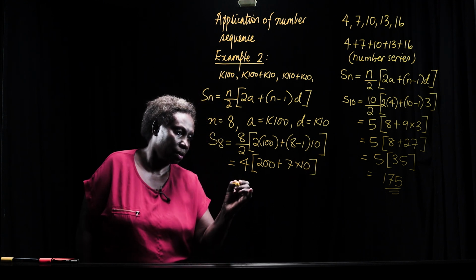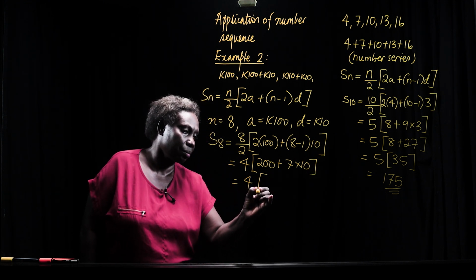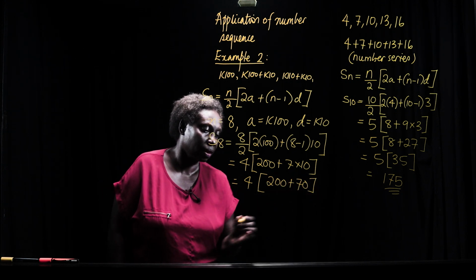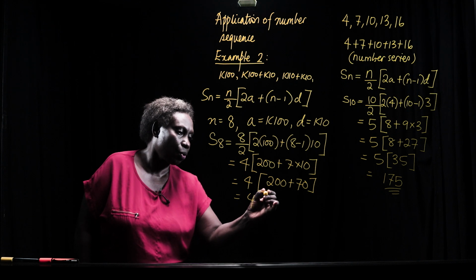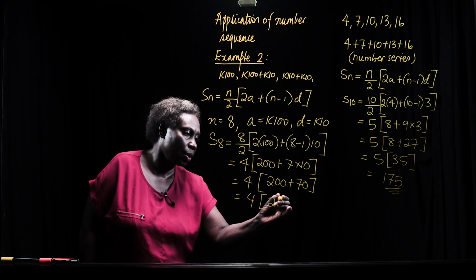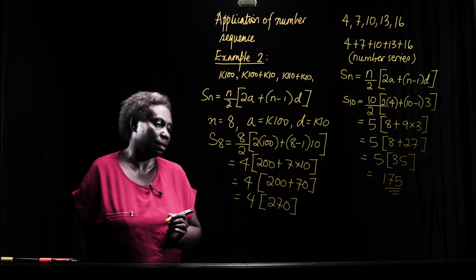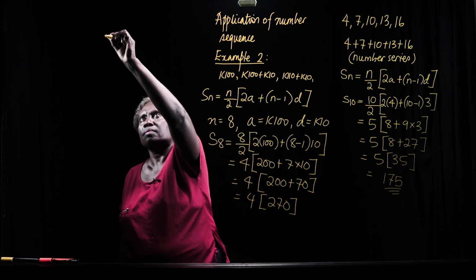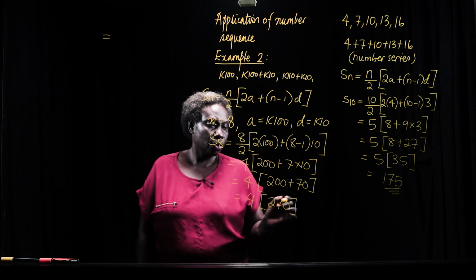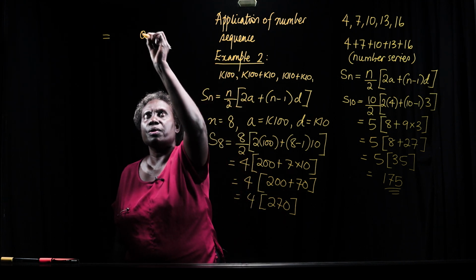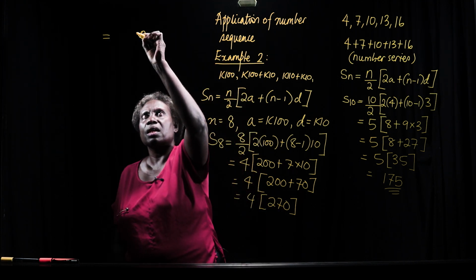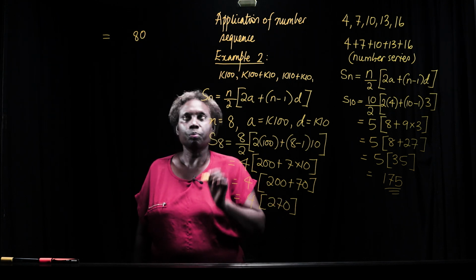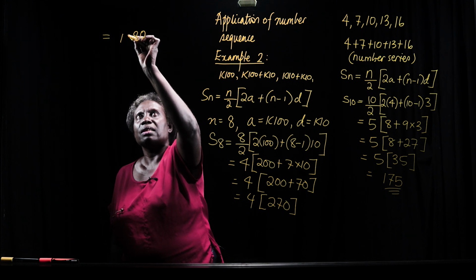Okay? So we have 4 times 200 plus 70. Okay? Which is 4 times 270. Okay? What's 4 times 270? Okay, 4 times 0 is 0. 4 times 7 is 28. Put down 8, carry 2. 4 times 2 is 8 plus 2 is 10.